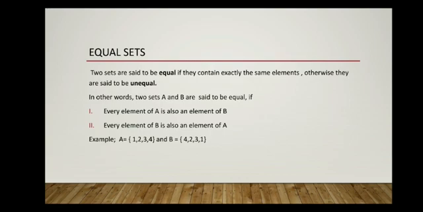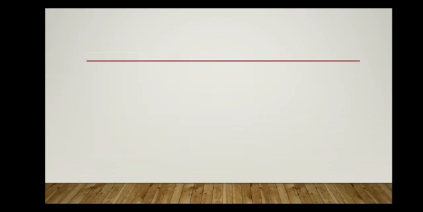So every element of A is an element of B, and every element of B is an element of A. Precisely, they have exactly the same elements. So A and B contain exactly the same elements, A equals B. These two sets A and B are equal.